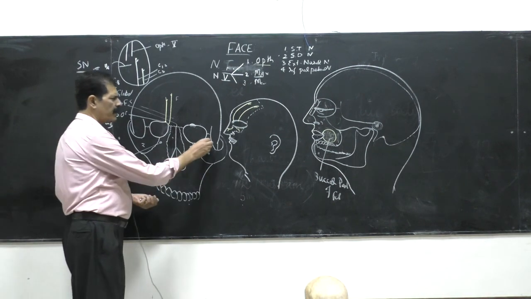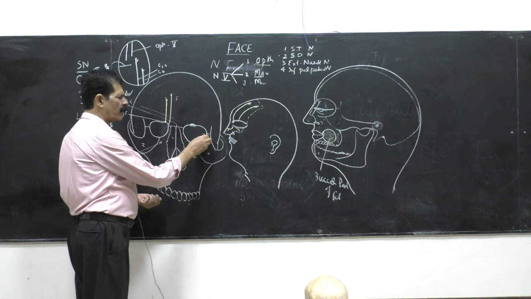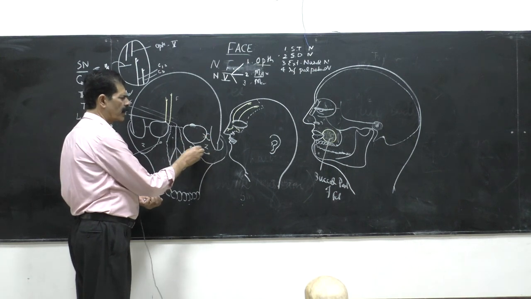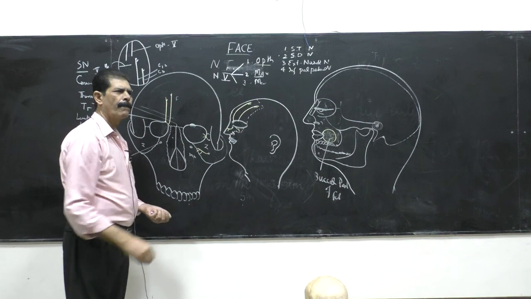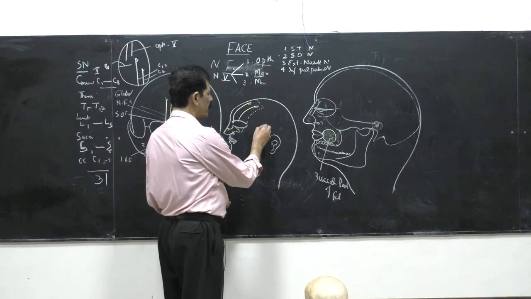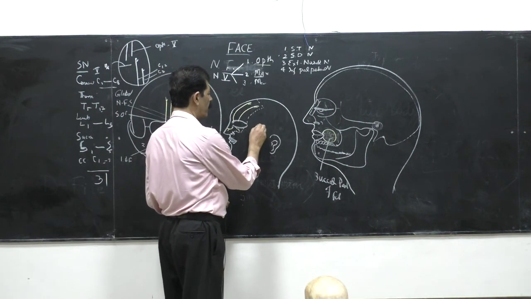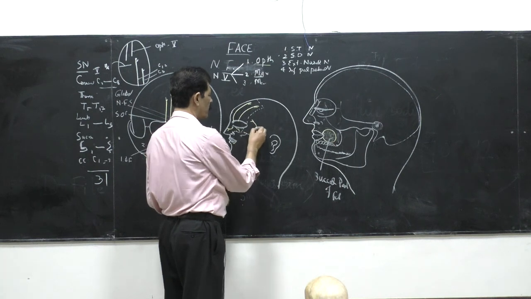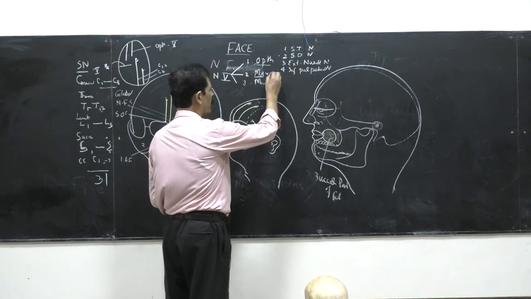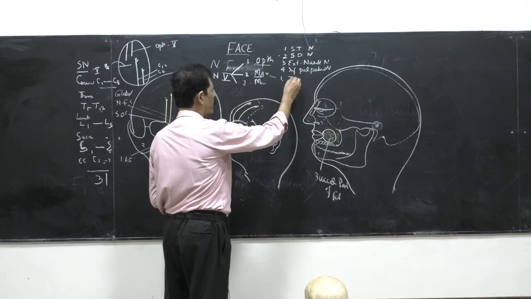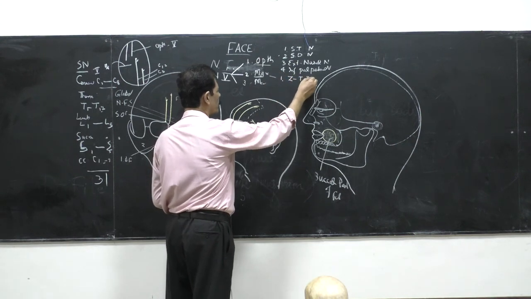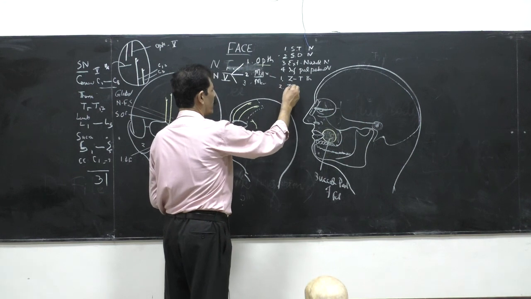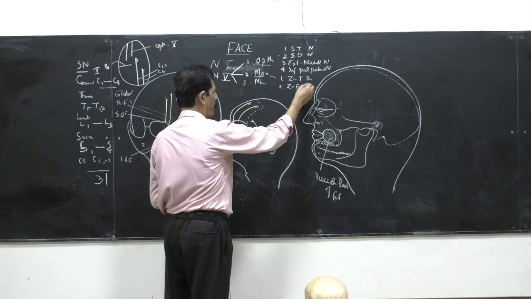From here a nerve starts, called zygomatico-temporal, and from here zygomatico-facial. Each supplies its own area. So the branches of the maxillary nerve are the zygomatico-temporal branch and the zygomatico-facial branch.